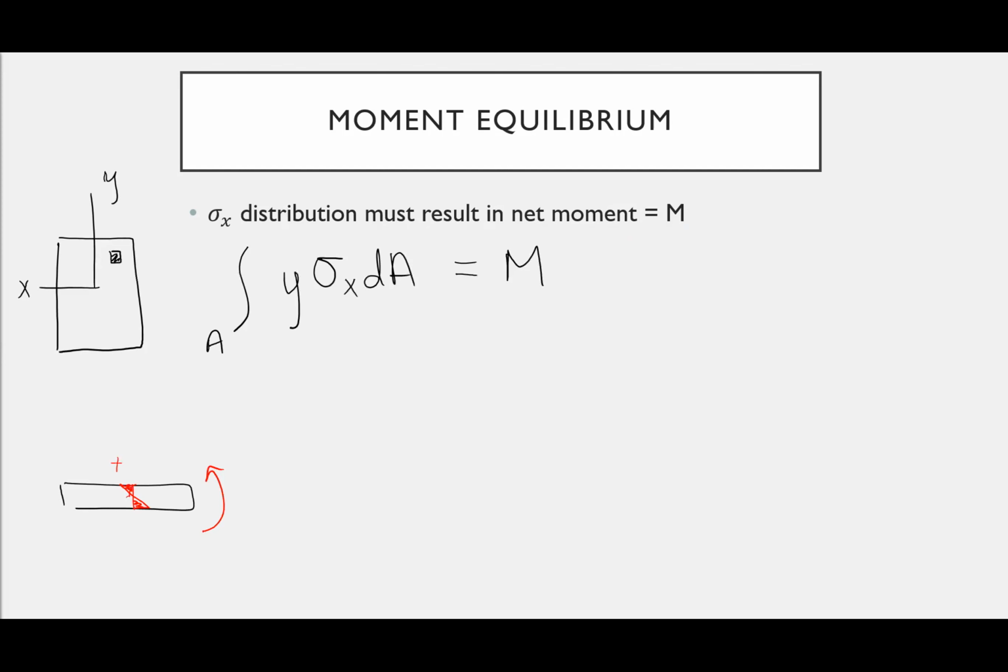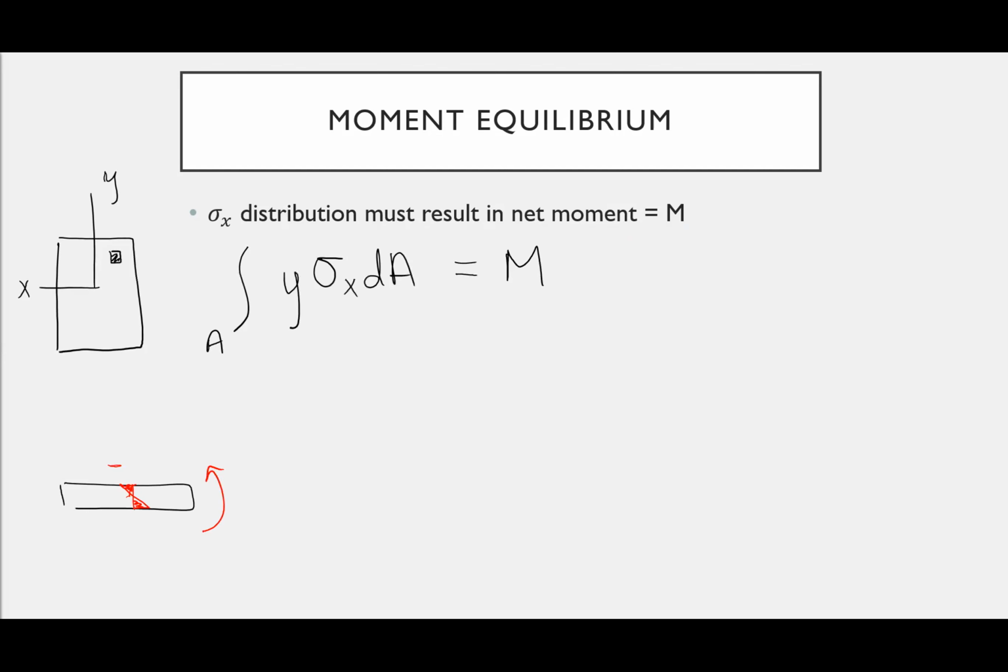This is going to be a negative stress on the top. All right, we're going to have a negative sigma x on the top, and it's going to be multiplied by a positive y value. So that's going to give you a negative moment. But that's not what we want, right?